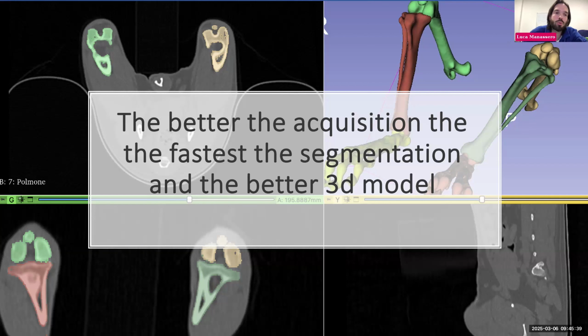We have to think a little bit, just a little bit, about the CT, because the CT of nowadays is a very simple acquisition compared to some years ago, especially in veterinary. Nowadays, we have good scanners too. And so with just a few little points, we can get a good model for our engineers.